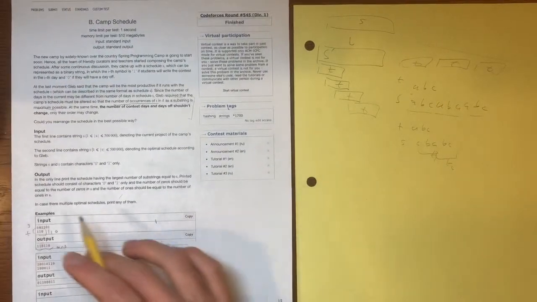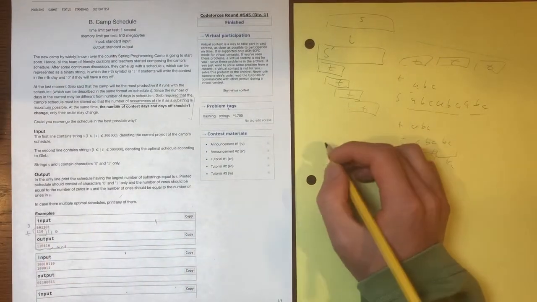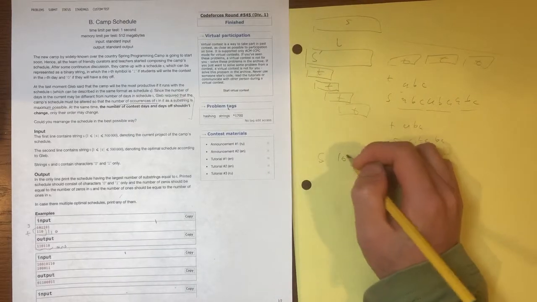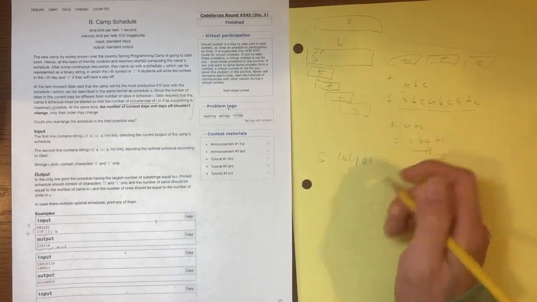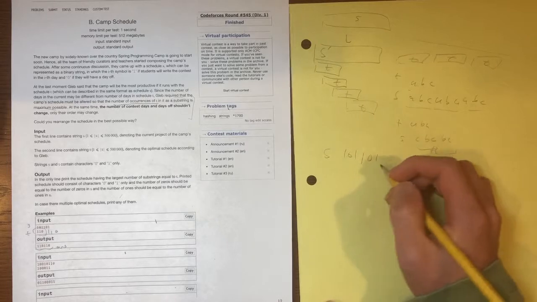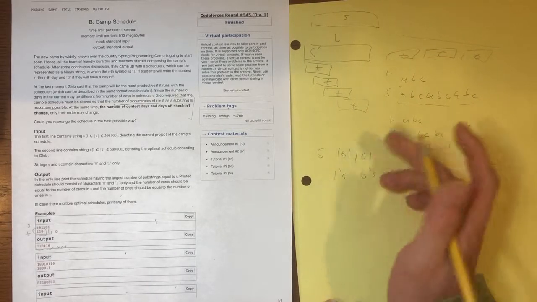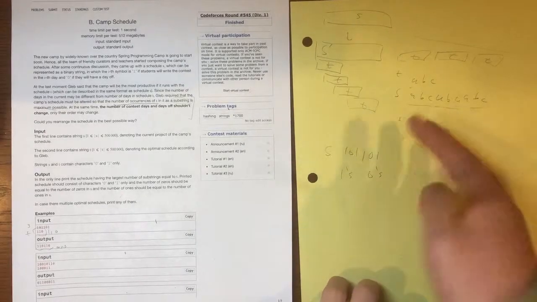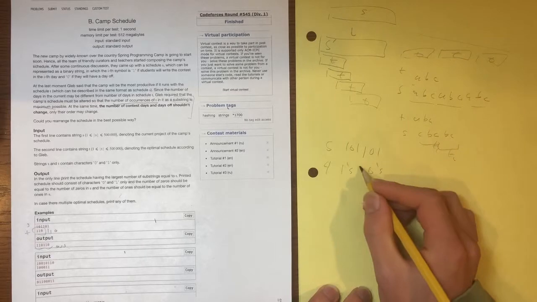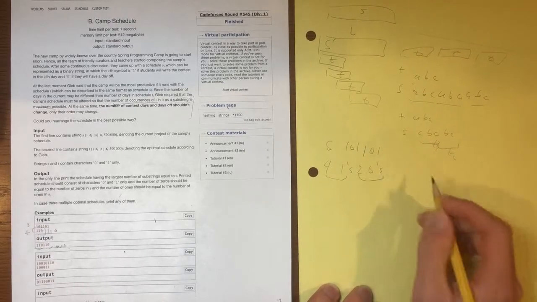So to start off, let's look at an example. Over here we're given that S is 101101, and let me tell you, in this problem all that matters is the count of ones and the count of zeros. It doesn't matter what the order of ones and zeros is, because you can eventually rearrange S and permute it in whatever way you want. So all we need to know is that there are 4 ones and 2 zeros.